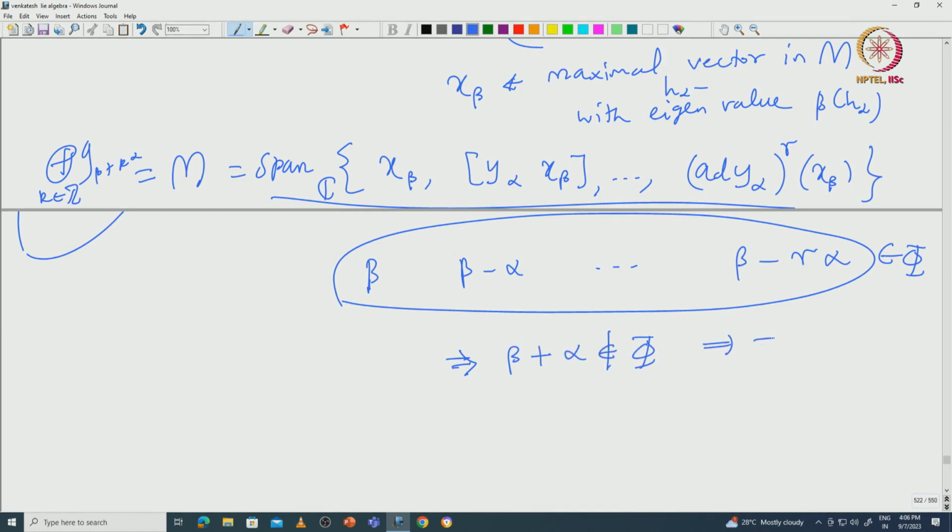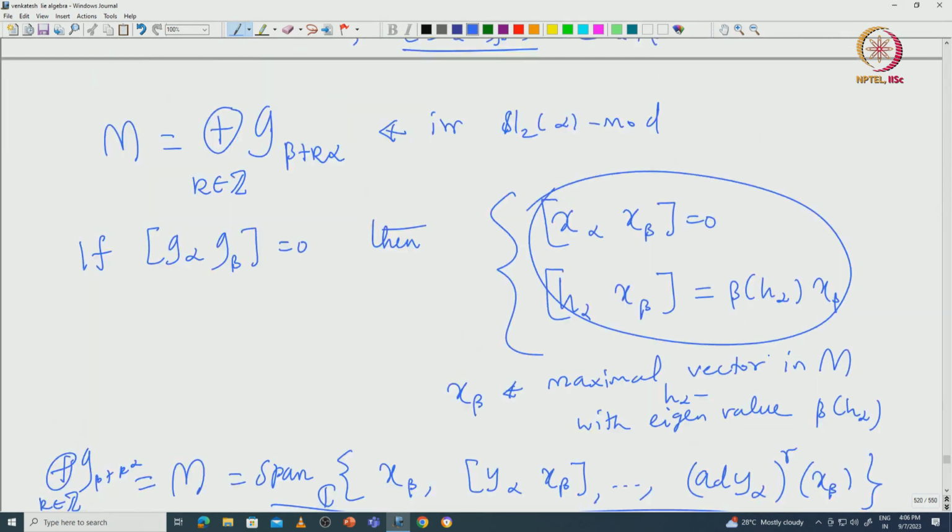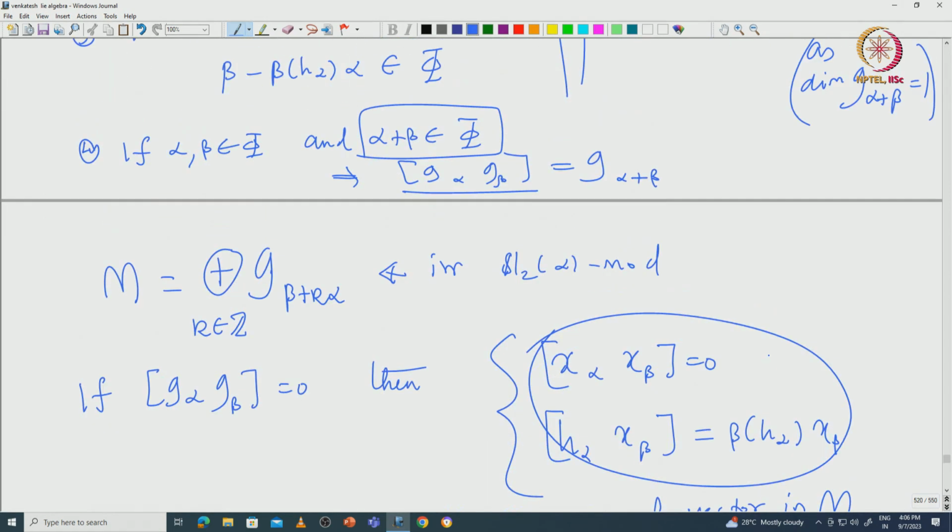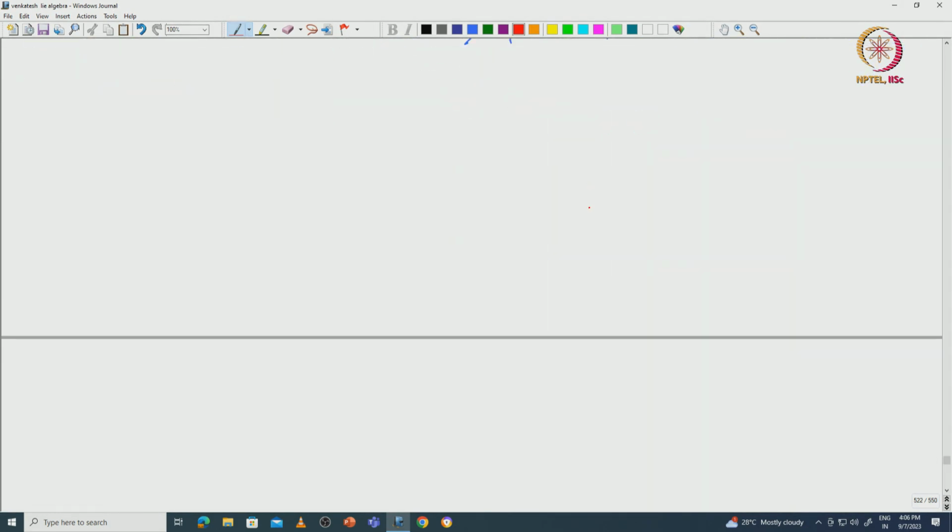This is a contradiction, because we are given that alpha plus beta is a root. So that forces [G alpha, G beta] to be non-zero. Since G alpha plus beta is one dimensional and this is a non-zero subspace of G alpha plus beta, these two must be equal.